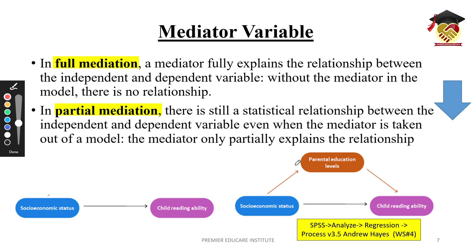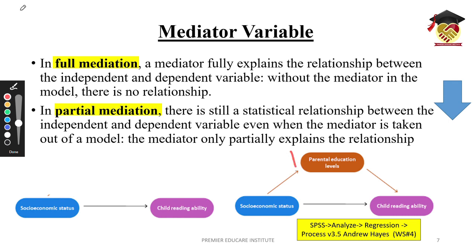In other words, you want to investigate what will happen to the child reading ability when the parents are in between, and when parents are not there in between, what will happen to the relationship against the socio-economic state. So this is your mediating variable.